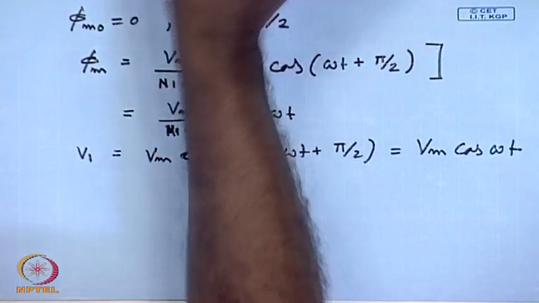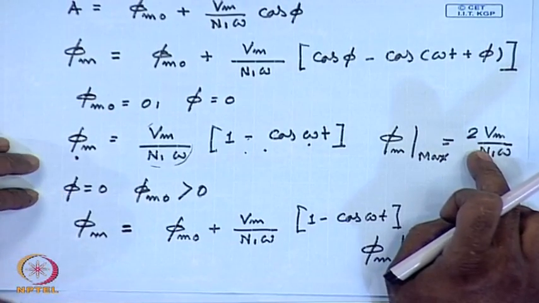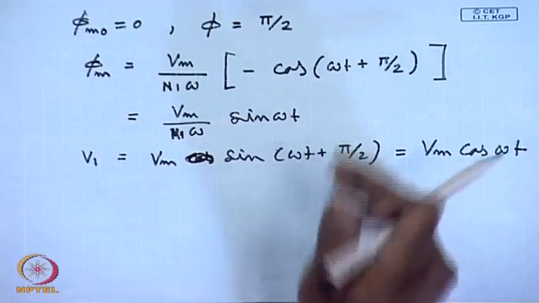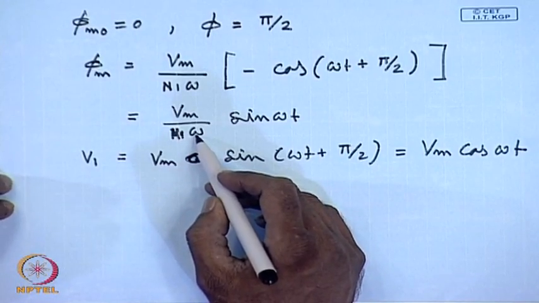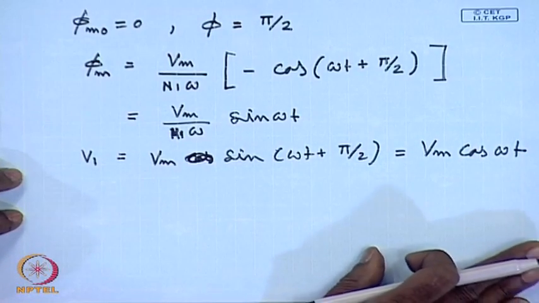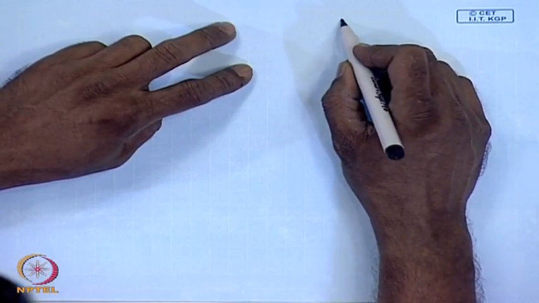In one case the phi m magnitude can be almost twice the steady state magnitude of the flux, while in the second case the phi m magnitude will be just equal to the steady state peak magnitude of the flux. Now, what is the effect of this switching on the current drawn?